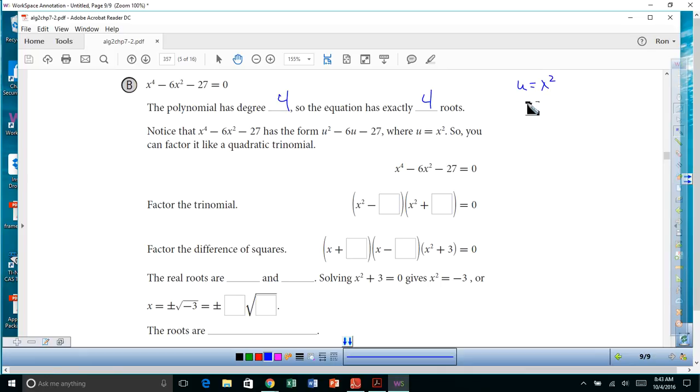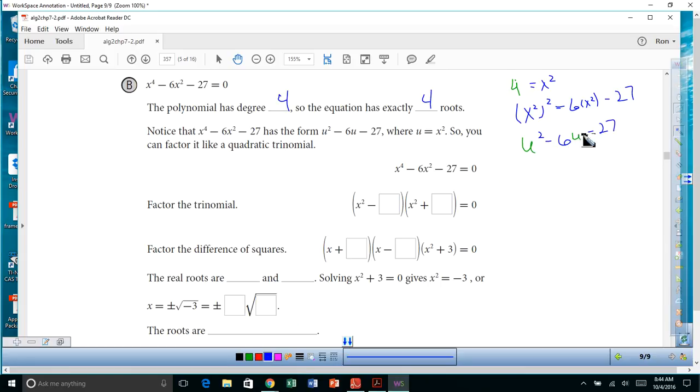So you have x to the fourth minus 6x squared minus 27. We'll put the u in for the x squared. So we have u squared minus 6u minus 27.